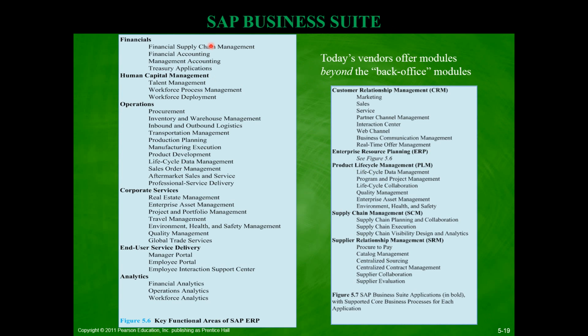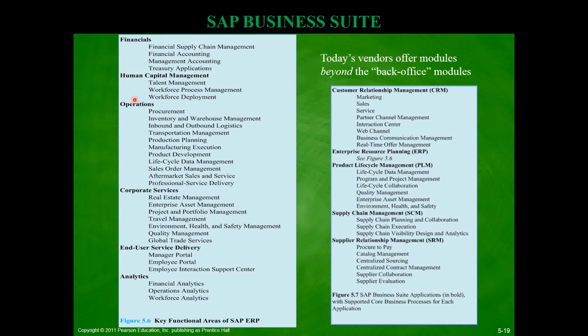So here you have an overview of SAP Business Suite. It gives you an overview of the kind of modules they typically have. Something related to HR, finance, operations. They have a powerful analytics module, and sometimes today a lot of vendors, including SAP, offer add-on modules that go beyond enterprise resource planning.